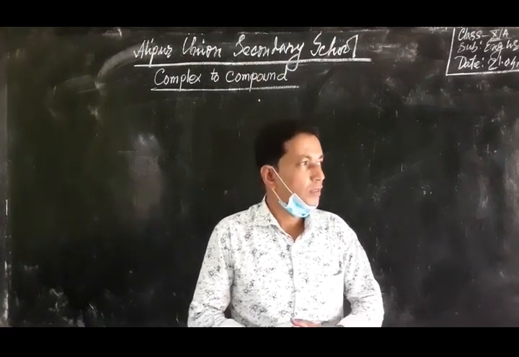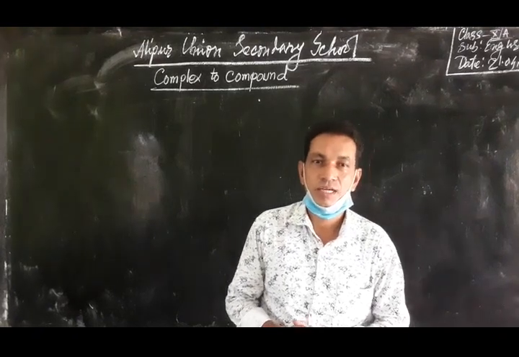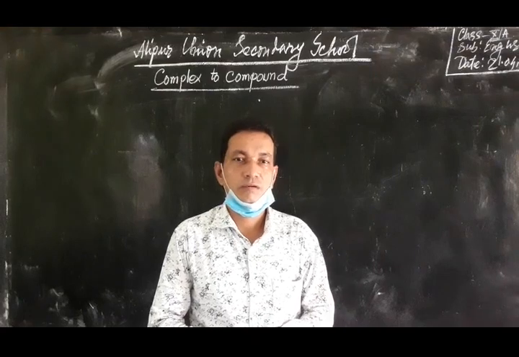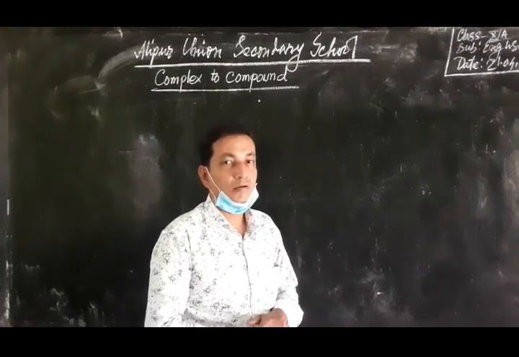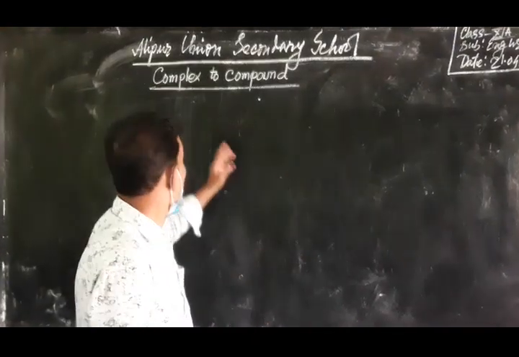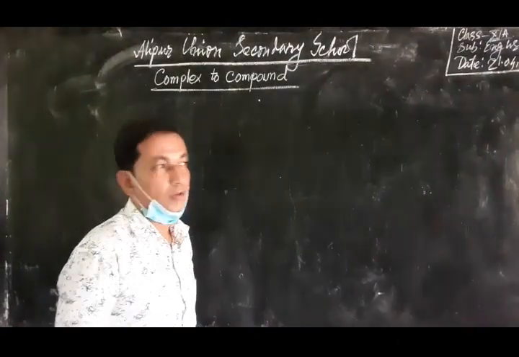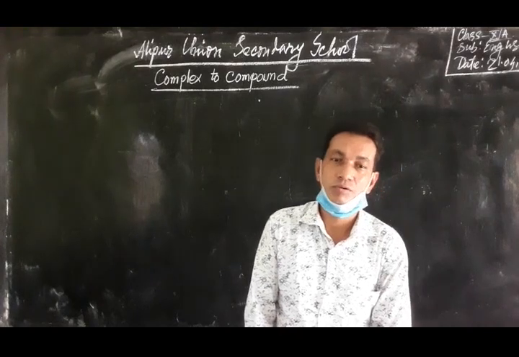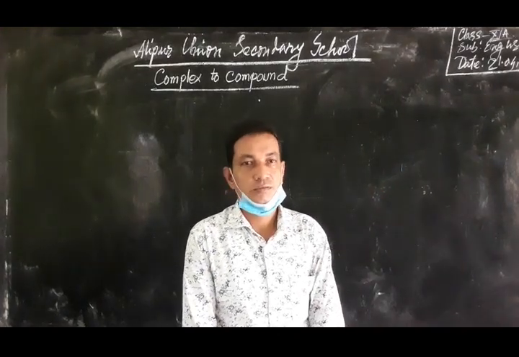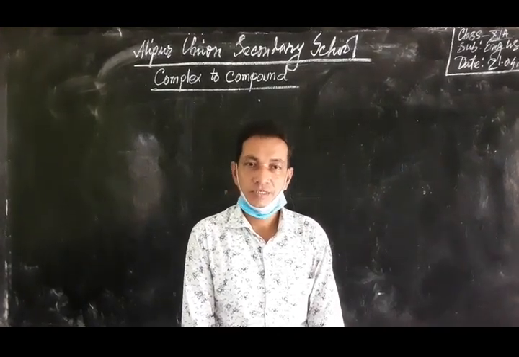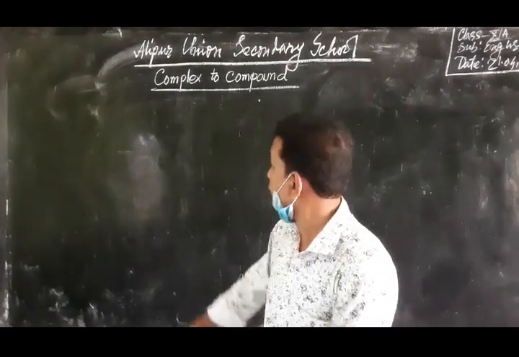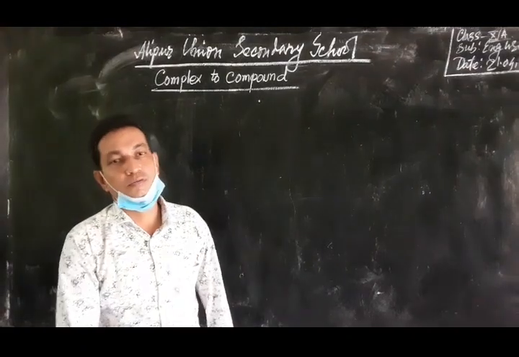Dear learners, in my previous class I tried to teach changing sentence, that means complex to simple, and today I am going to teach you about the same kind of item, that means transformation, and our today's topic is complex to compound.